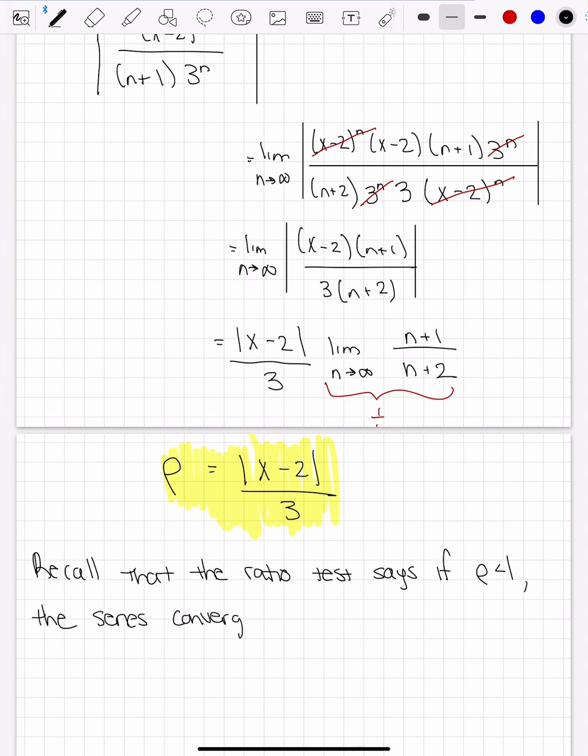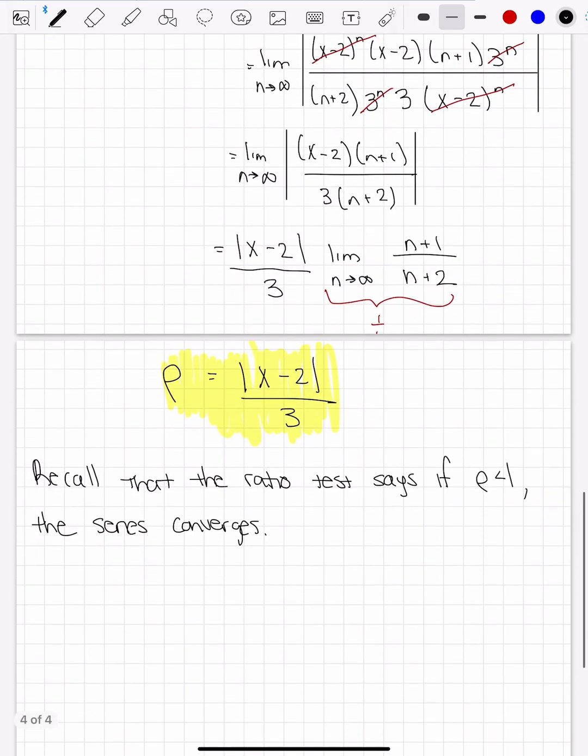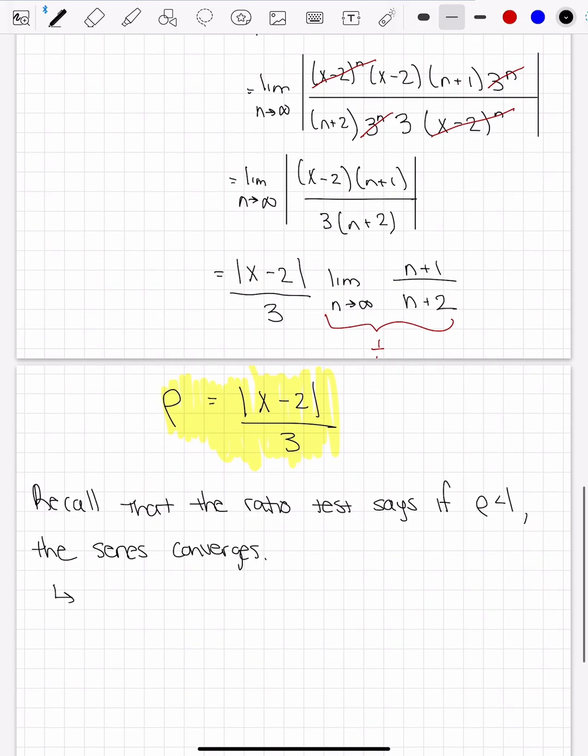So basically, since rho depends on x, there's an x in there, we've got to see for what x is rho less than 1. So we need to check what x values make rho less than 1.